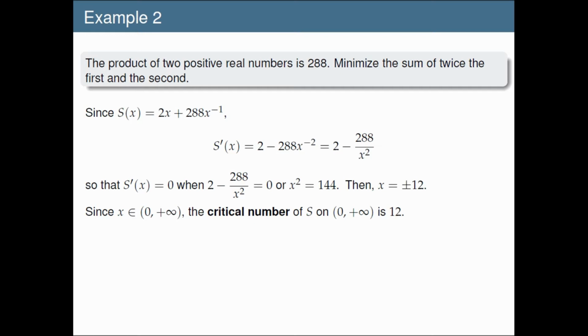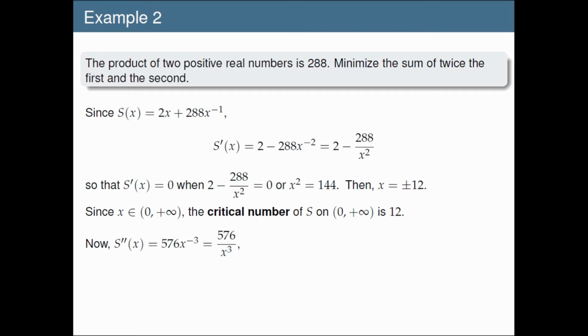We now get s double prime. So yung derivative nito. S double prime equals 576x raised to negative 3. Since negative 288 times negative 2 is 576. This is also equal to 576 over x cubed.